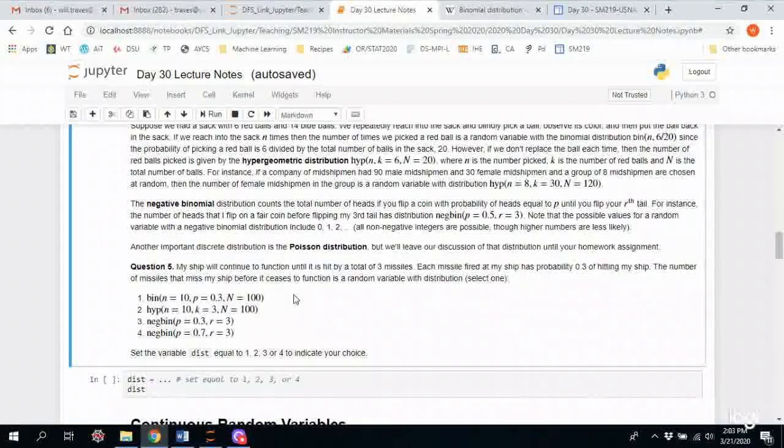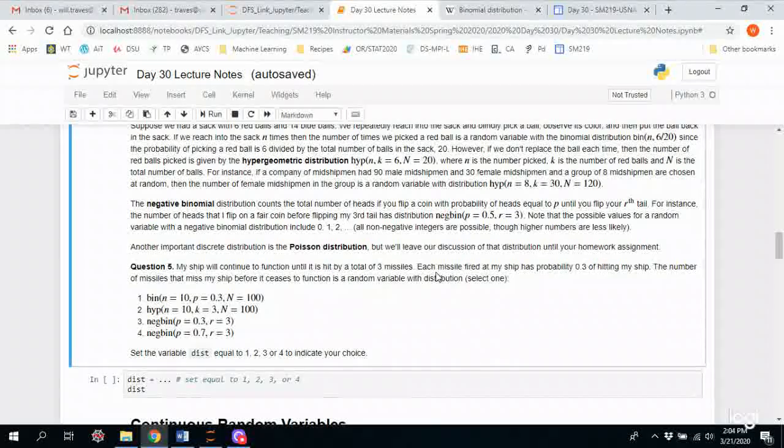Okay. So question 5 asks us to identify essentially which probability distribution governs a certain situation. So our ship will continue to function until it is hit by a total of 3 missiles. Each missile fired at my ship has probability 0.3 of hitting the ship. The number of missiles that miss my ship before it ceases to function is a random variable with which distribution. So that sounds like the negative binomial distribution.